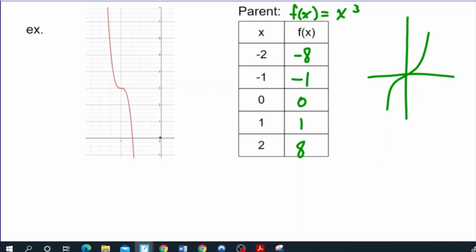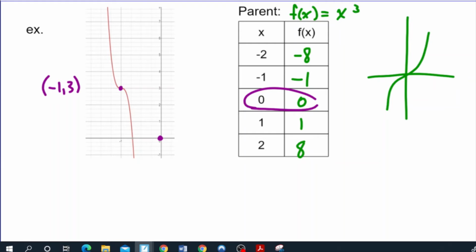So the original origin point is at 0, 0, as you can see in the parent table of values. Where did that move to? Well, I'm hoping you can tell that it moved to here. And that is at a coordinate of negative 1 and 3. Well, that is going to tell us what our C and D values are in our equation.